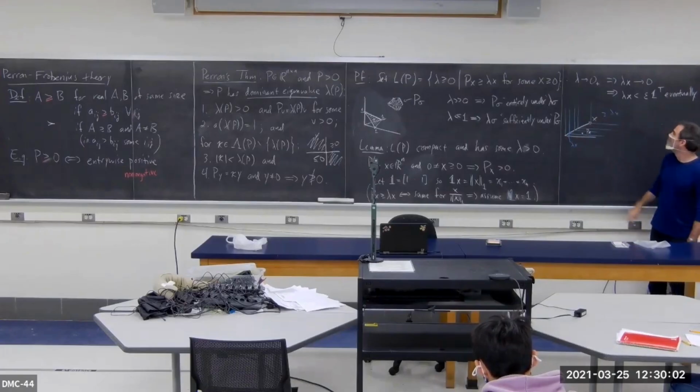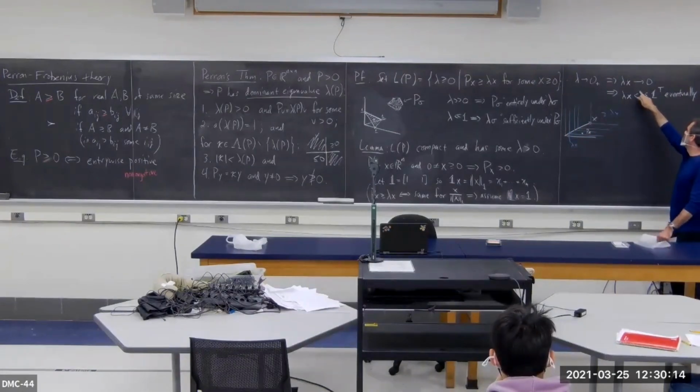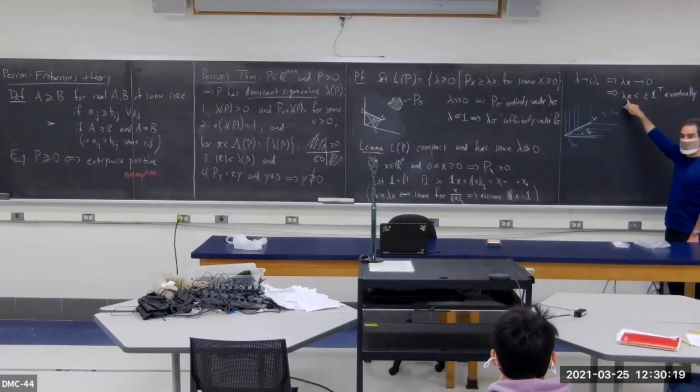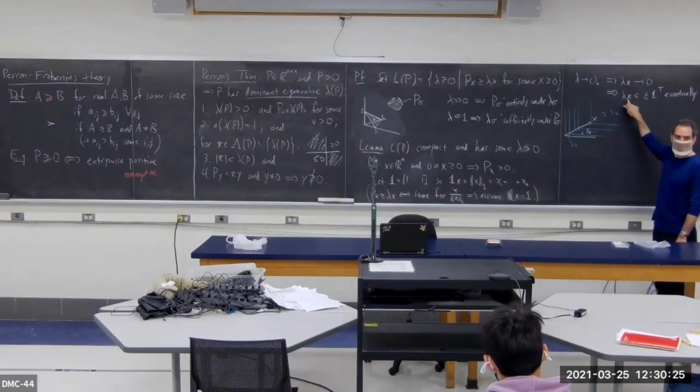Why is that? The proof here is very simple. It's because lambda x has small coordinates, right? All I want is that every coordinate of px is bigger than every coordinate of lambda x. Well, when I take lambda to get small, all of the coordinates of lambda x are very small. Some of them might even be 0, because x is greater than or equal to 0.